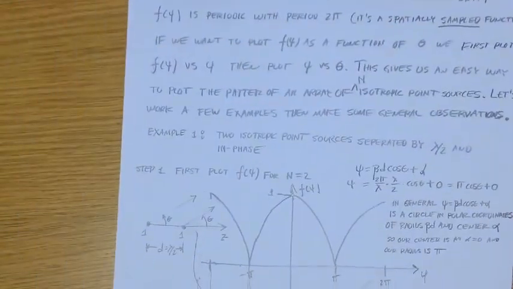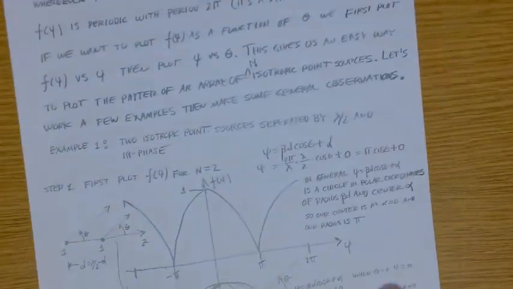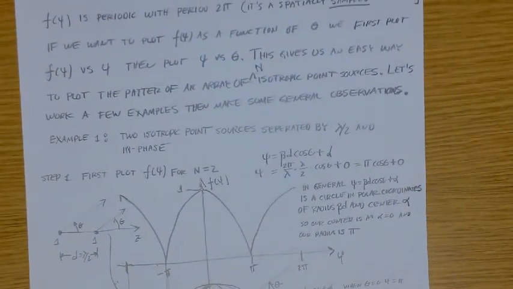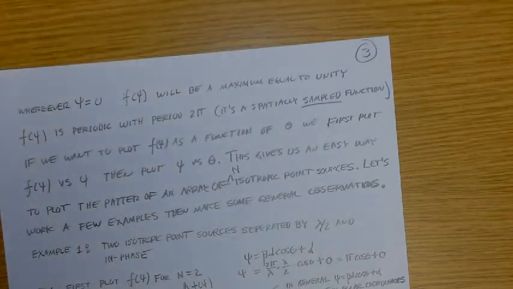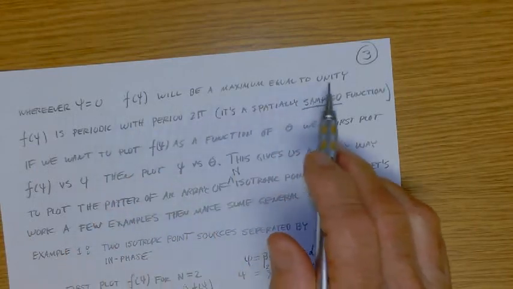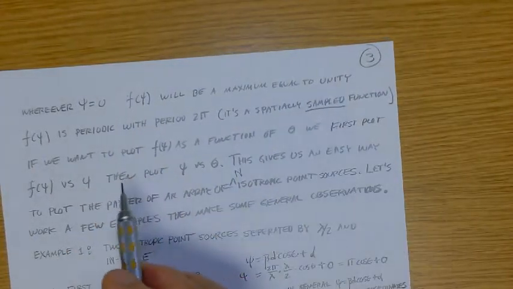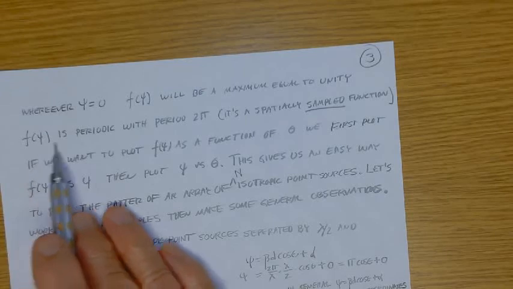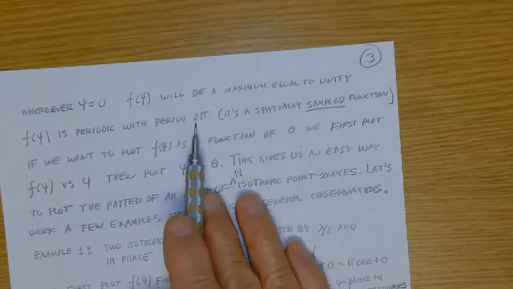Okay, let's see how this works. We're trying to plot the pattern of an array of isotropic point sources that are equally spaced, have equal amplitude, and have a linear phase taper down the array. That's the objective here. Whenever psi is 0, f of psi will be a maximum equal to unity, because we normalized it. F of psi is periodic with period 2 pi.